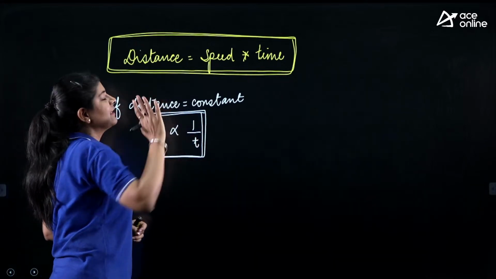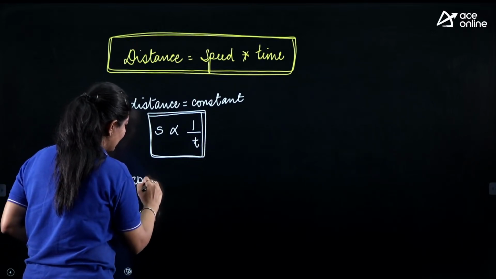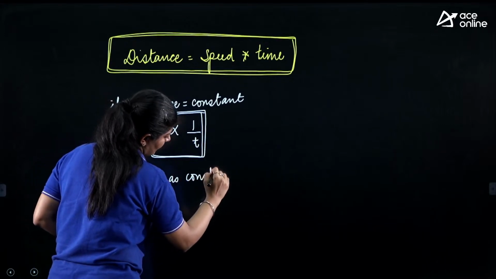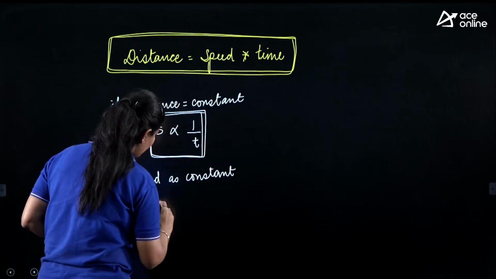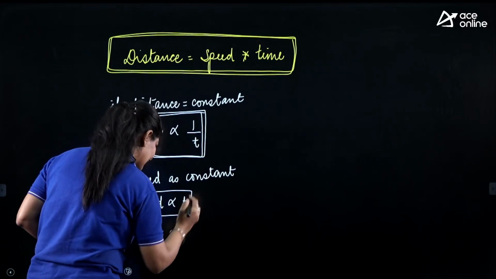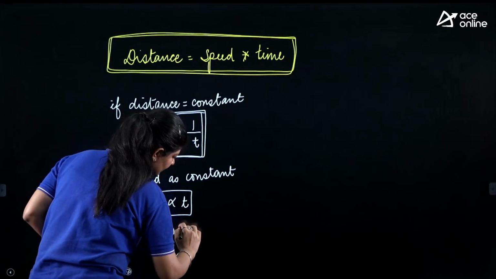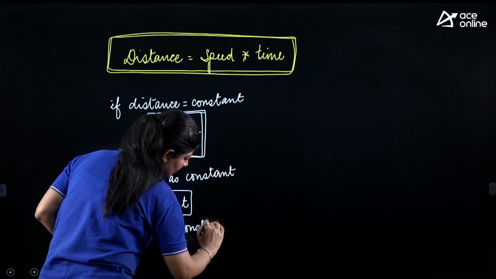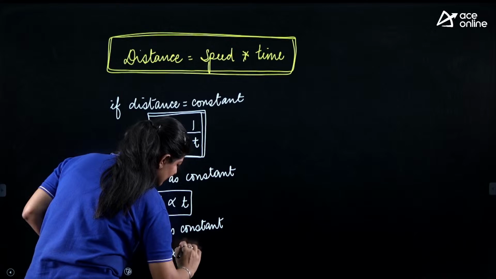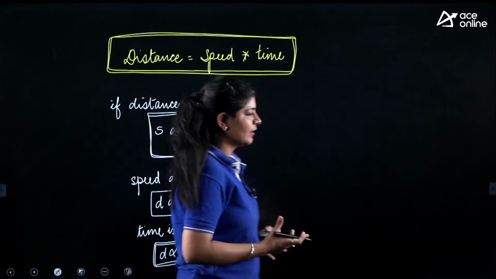Similarly, if the speed is constant, then the distance is directly proportional to the time, and if the time is constant, then the distance is directly proportional to the speed. These are the few points that we need to keep in mind while solving the questions based on it.